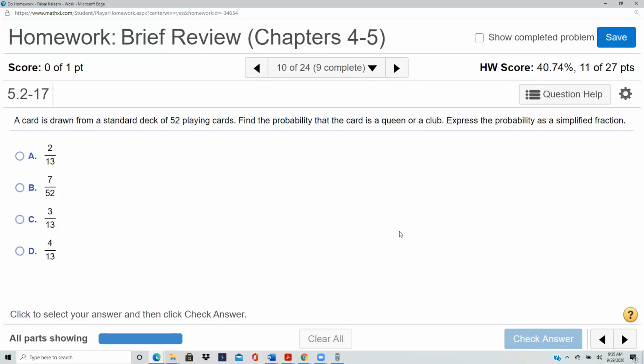Yes. But if there is an overlap, then you do your formula for A or B. So you would do 4 plus 13 minus how many did you say was an overlap? 1. So it'd be 4 plus 13 minus 1 equals?